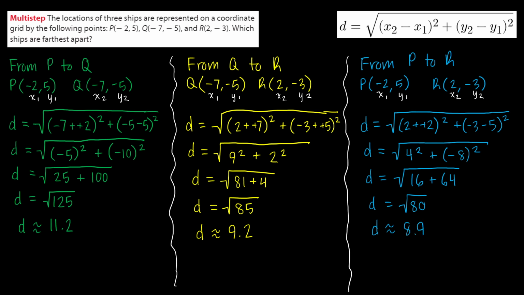So in comparing all of these distances to each other, in green we have from P to Q, in yellow is the distance from Q to R, and in blue is the distance from P to R. So I know that based on these values here, the distance from P to Q is the greatest. So PQ is farthest apart.